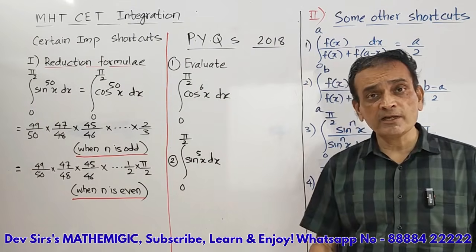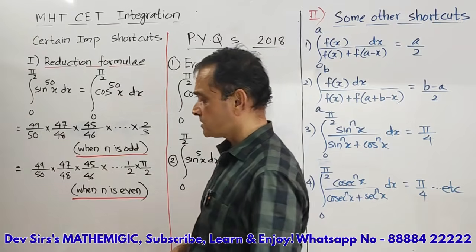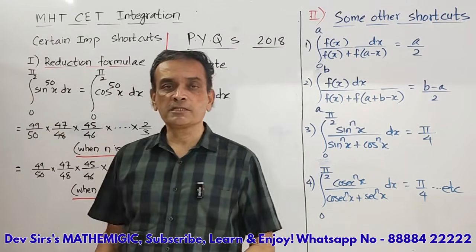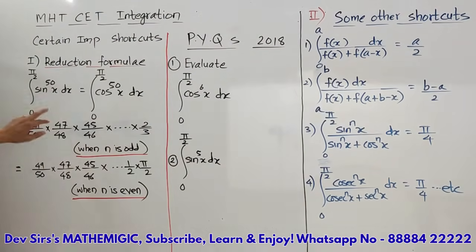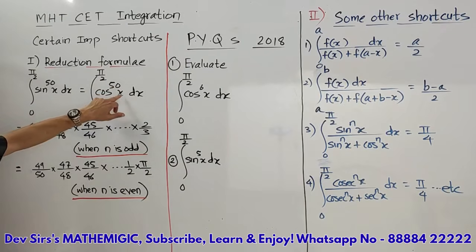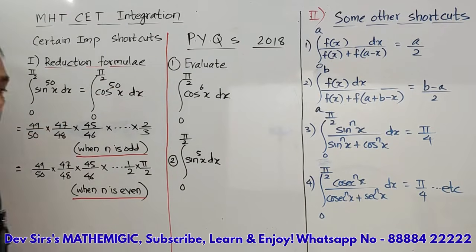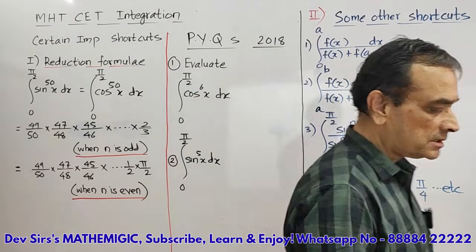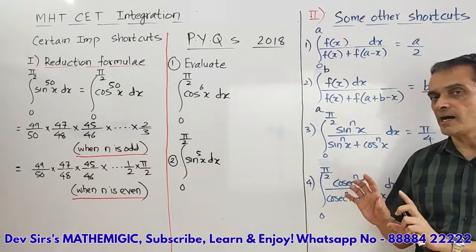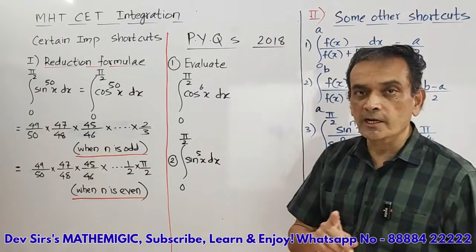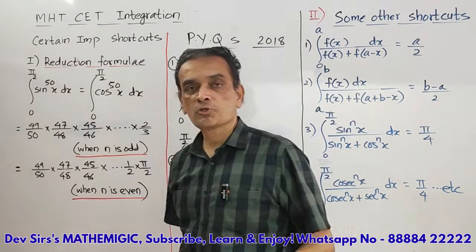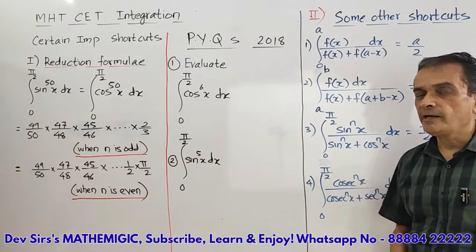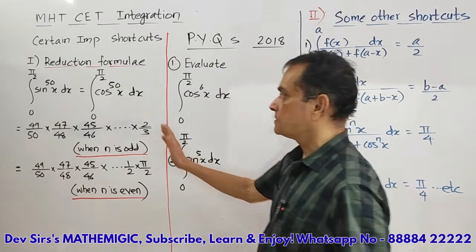So let's start with reduction formula first. Okay, let us see what is reduction formula. Supposing if you have got a big number, sine raised to 50x, cos raised to 50x, then how do you reduce the numbers in order to get the answer? But the important condition is you should have limits 0 to pi by 2, and it is applicable for sine and cos.